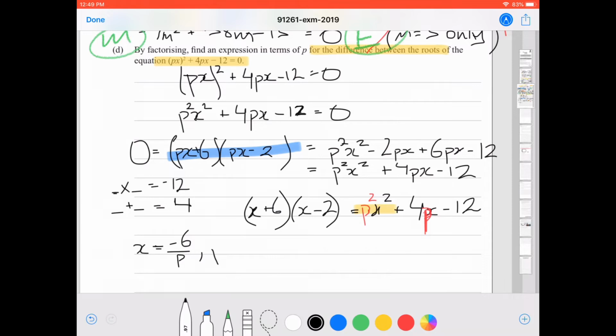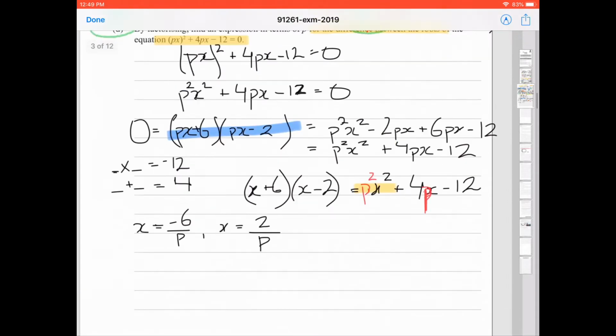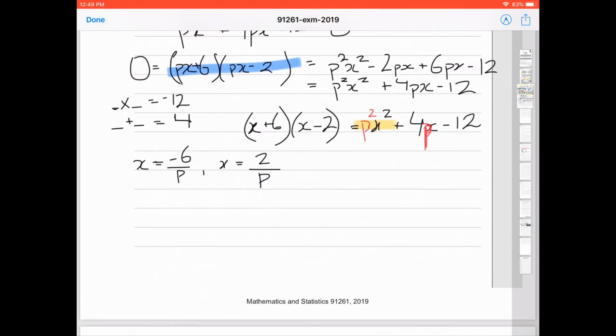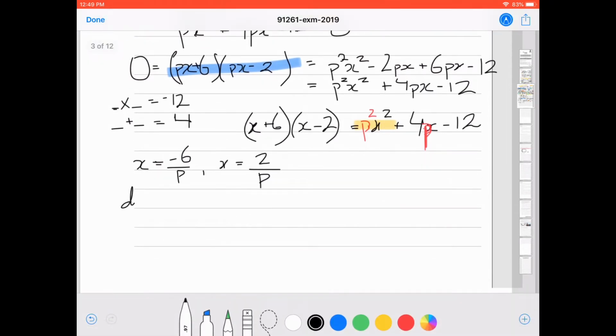It's going to be our second set of brackets, x equals positive 2 over p here. And so the question is asking for the difference between the roots.